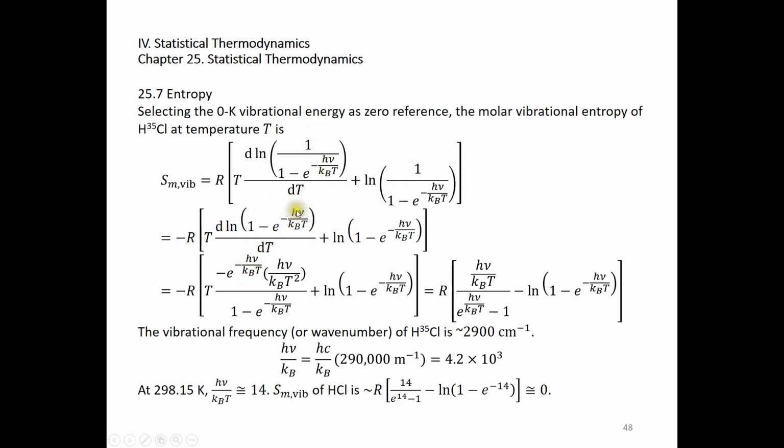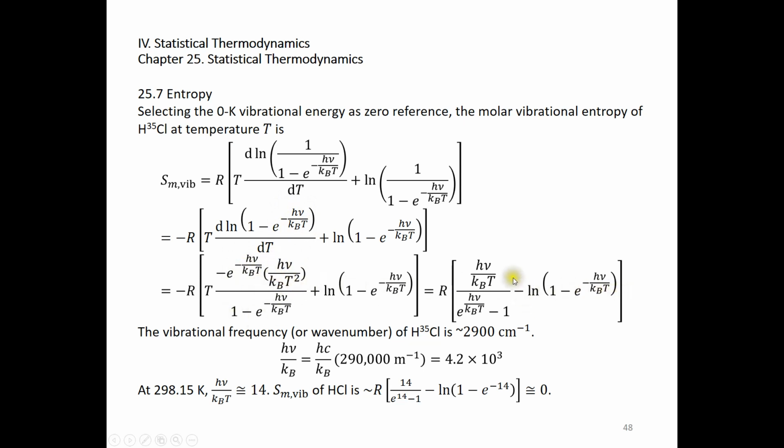Now we take the derivative of the logarithm of something. It's going to be the reciprocal of this, and then we use the chain rule. What's the derivative of this? You have this function over here, and then what's the derivative of this? You get something here. Alright, and then we clean it up. From here to here, it's just algebra.